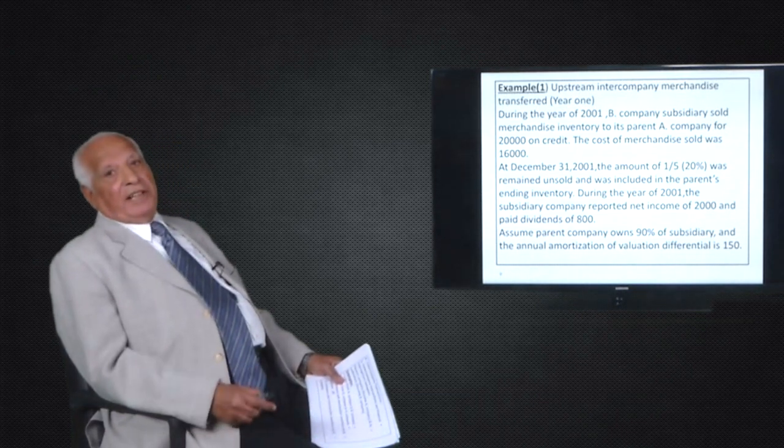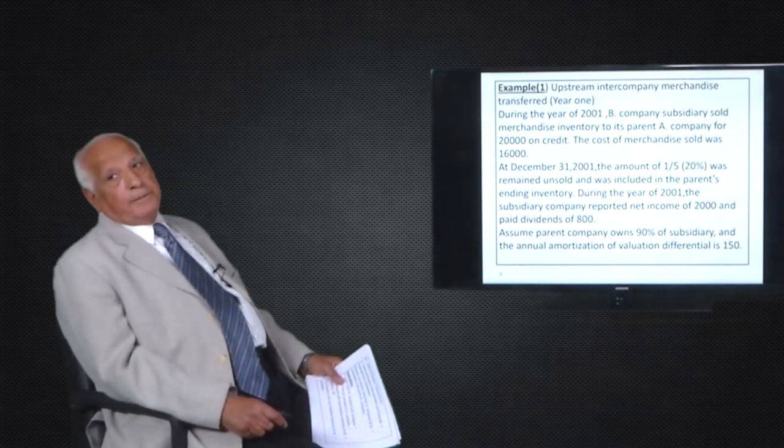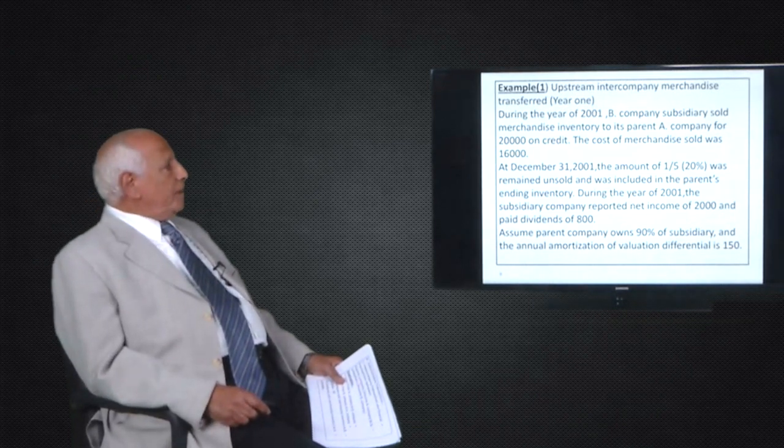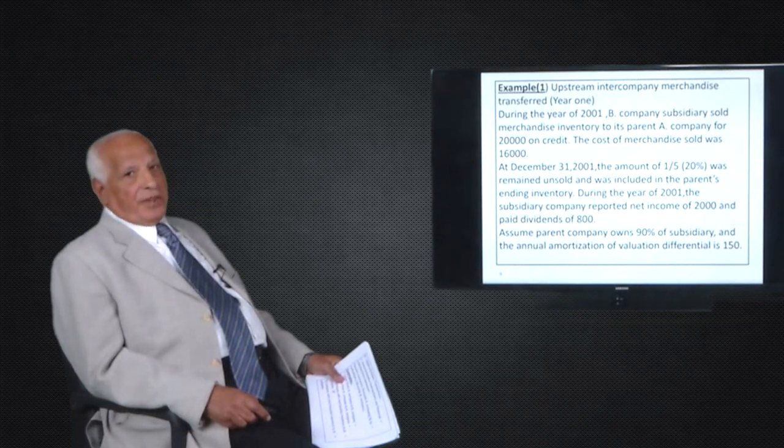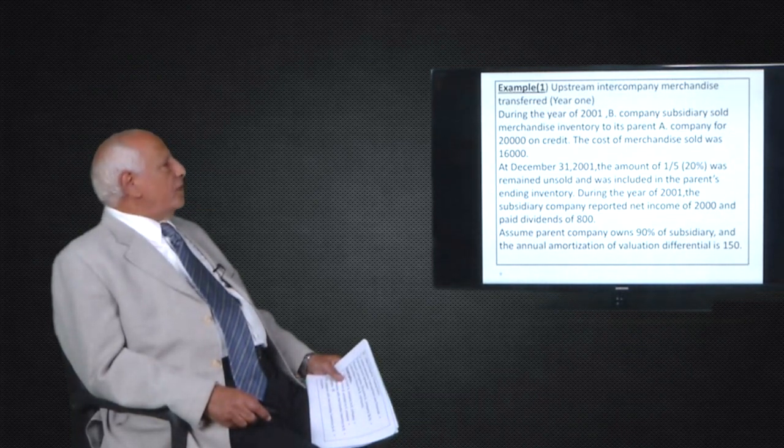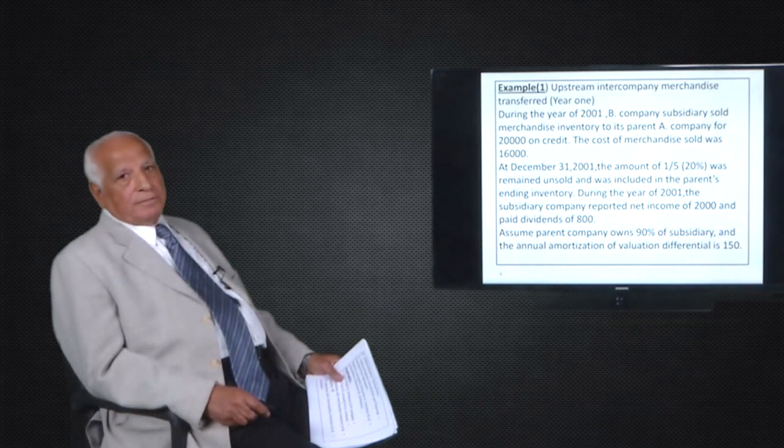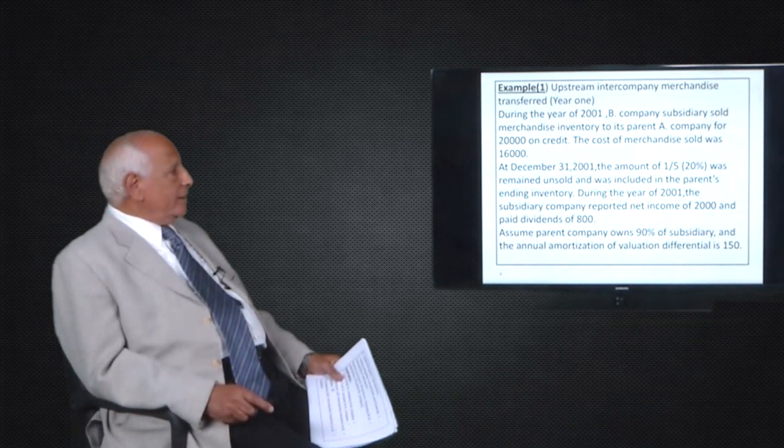At the end of the year, look at this, that's the beginning of the year. At the end of the year, December 31st, 1/5 of the amount, which is 25%, remained unsold at the end of the year and was included in the parent's ending inventory.